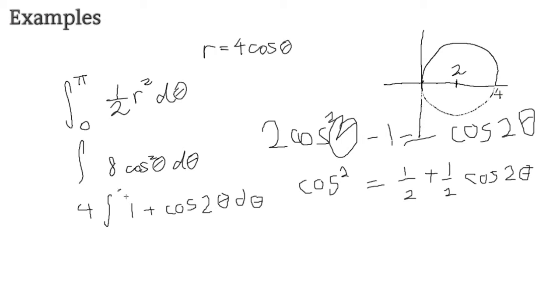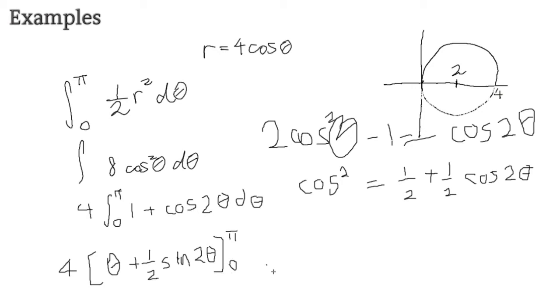Make sure you have the limits proper, then we can do the calculation. So we have 4, then the integral of 1 is theta, add half lots of sine 2 theta, and put in the limits.